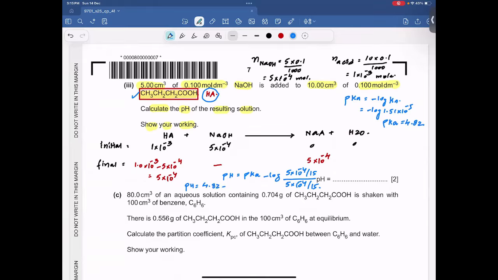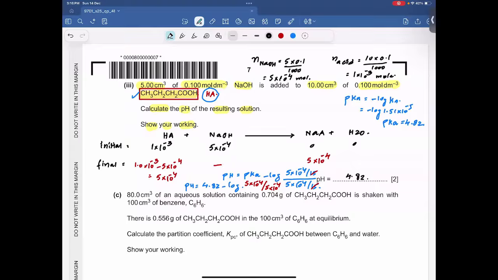4.82 minus log. Obviously, because of ratio, they will cancel out with each other. So it's going to be log 5 into 10 to the power minus 4 divided by 5 into 10 to the power minus 4. When you divide these two values, you will get 1, and log 1 is basically 0. So the pH is basically 4.82.